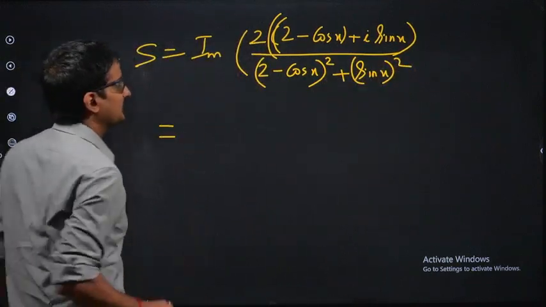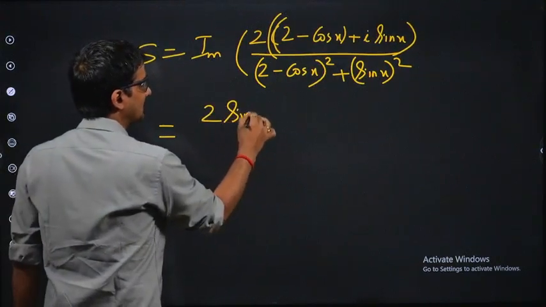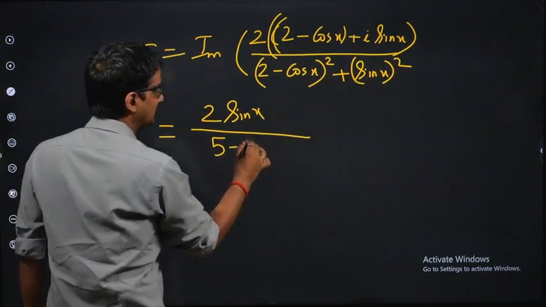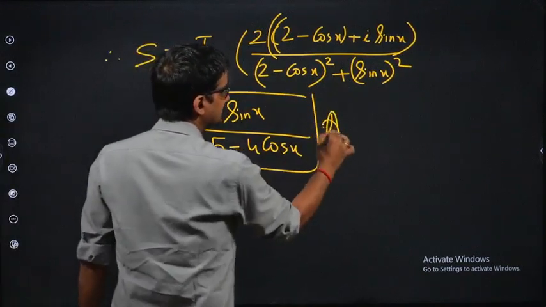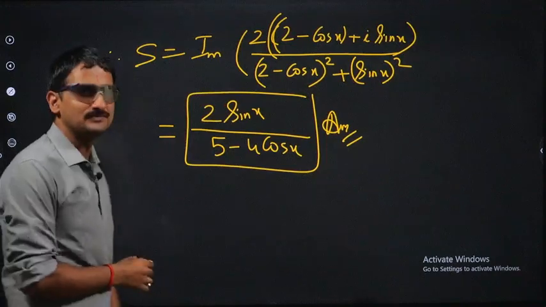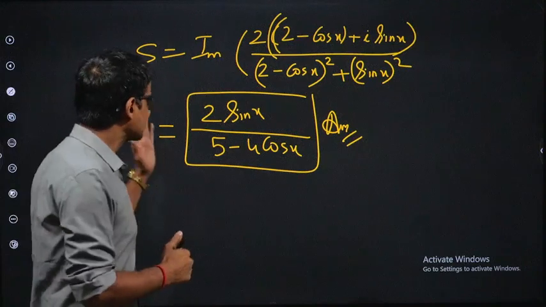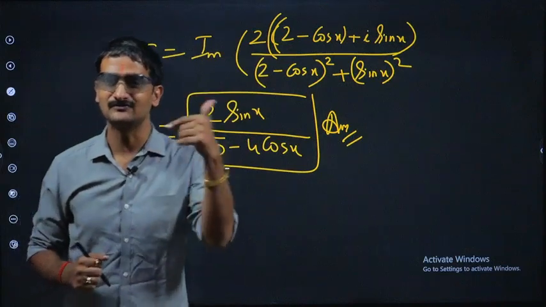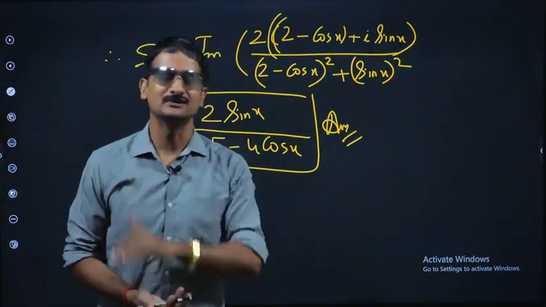So it's the imaginary part, so forget about the real part, the imaginary part is 2 sin x by, solve it, 4 plus 1 is 5 minus 4 cos x if I am not wrong, so that should be the answer. If you wish, you can further simplify it by converting it to half angle or whatever, but this is how we can solve this series with the help of the concept of infinite GP and complex numbers, and particularly De Moivre's theorem.